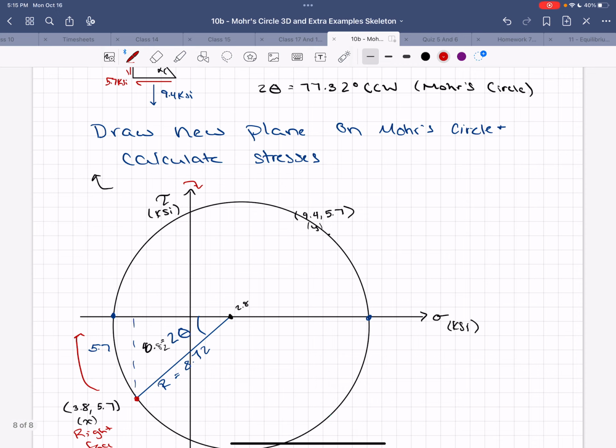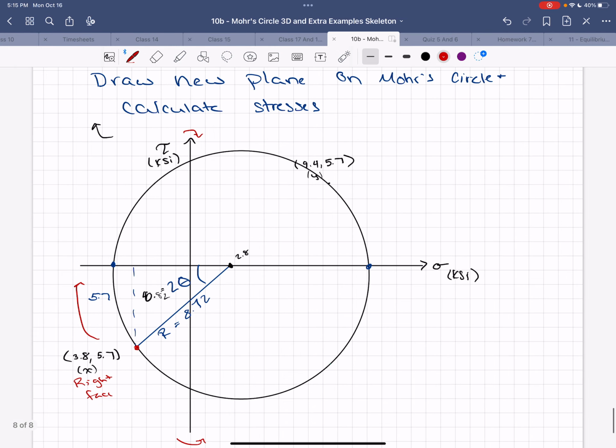Counterclockwise. Looks like I went clockwise. Oh no, I didn't. I get confused on clockwise and counterclockwise sometimes.